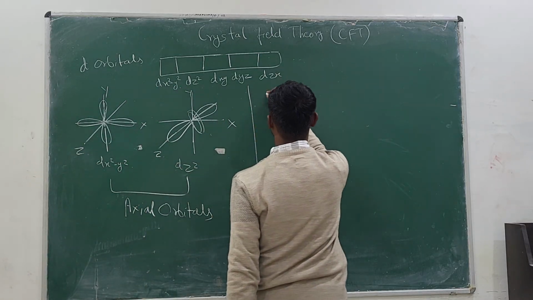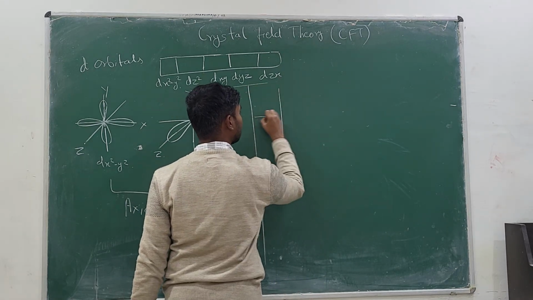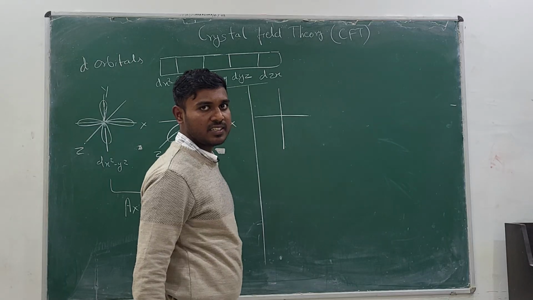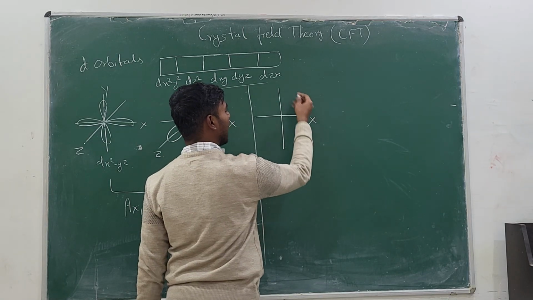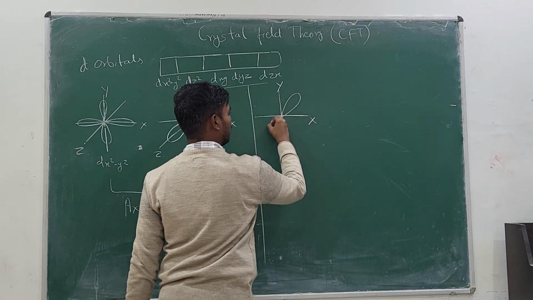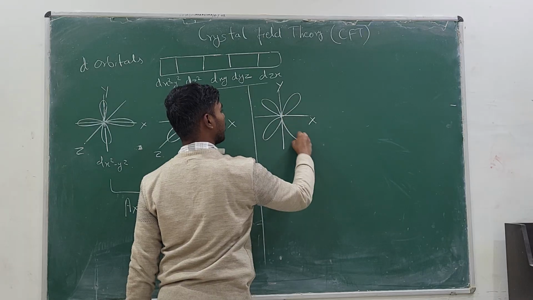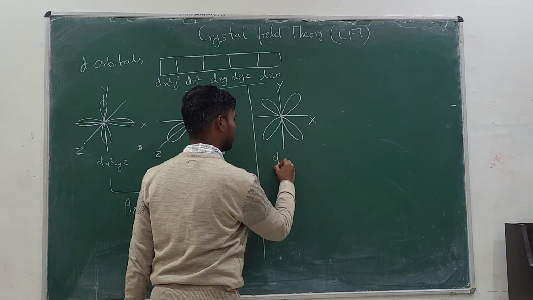And these three are our non-axial orbitals. Non-axial orbitals, as the name suggests, are arranged in between the axes. Can you guess this orbital? Yes, this is the dxy orbital.